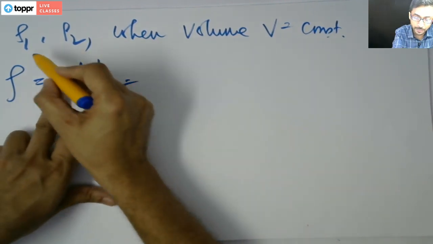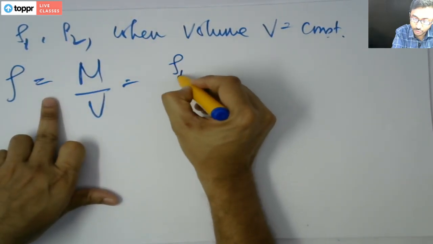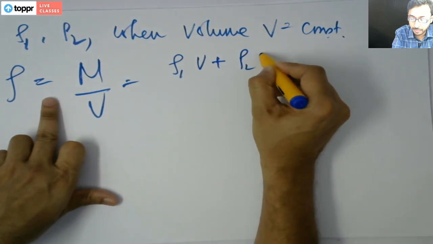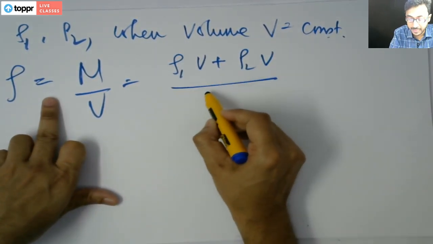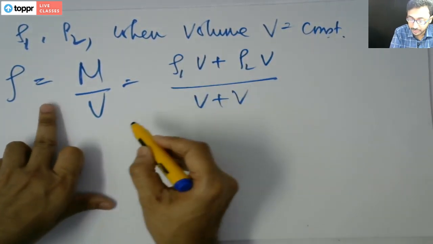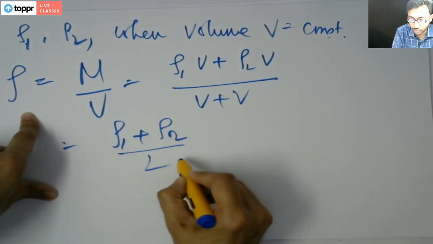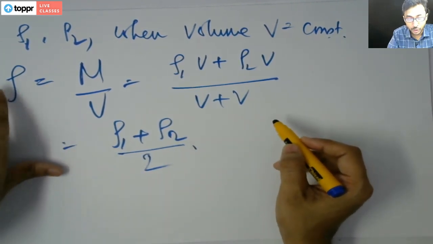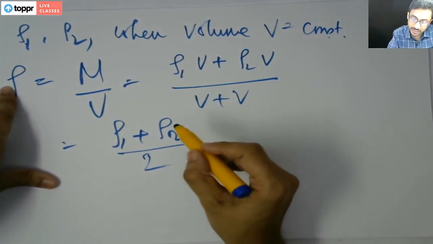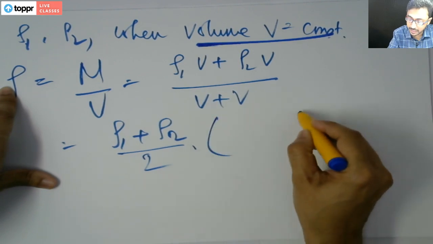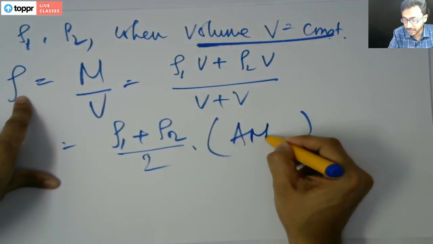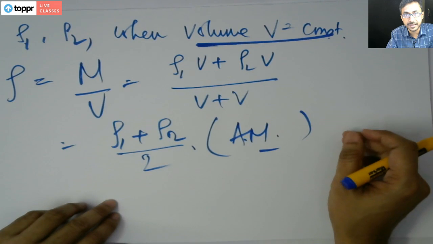Total mass is rho1 into V plus rho2 into V, and the total volume is V plus V, that is 2V. So it is rho1 plus rho2 divided by 2. So the density of the mixture when the volume is constant will be the arithmetic mean of the two densities.